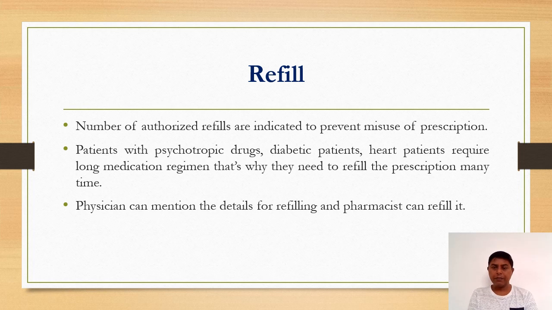Every time going to the physician is not possible for them. So if the physician mentions refilling on the prescription, the patient can directly go to the pharmacist and refill the prescription again and again. The physician can mention the details for refilling and the pharmacist can refill it.